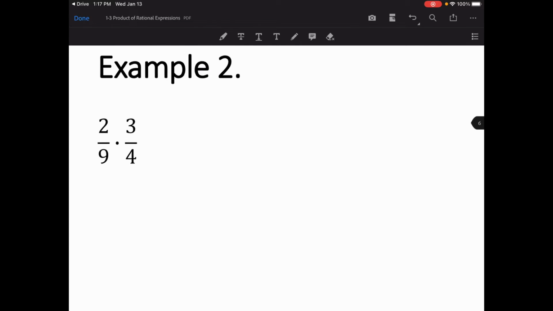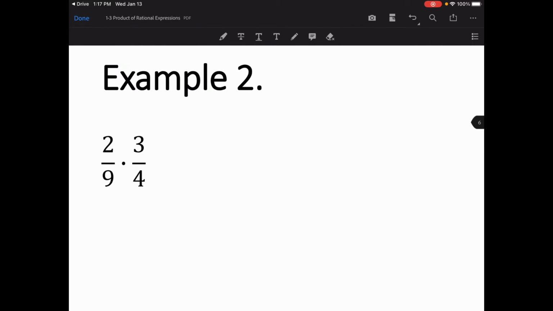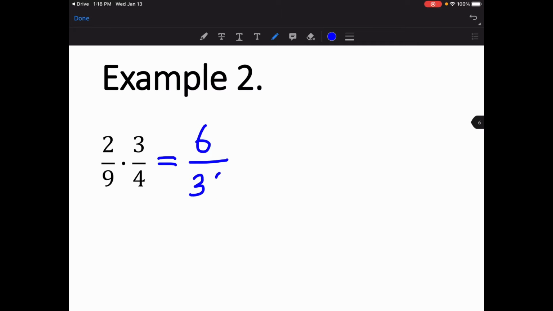Now this time I have 2 over 9 times 3 over 4. So we're going to do the same thing. Multiply my numerators together: 2 times 3 is 6. 9 times 4 is 36. Can I reduce this any further? When doing this, what you're looking for is any numbers that both the numerator and denominator are divisible by.